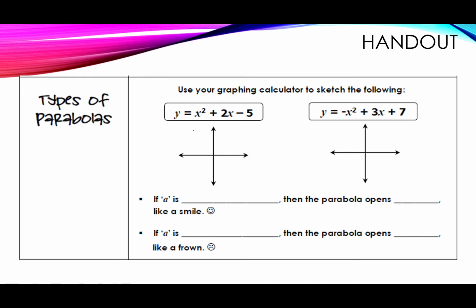What you can see is that it looks something like this. It's a little bit off center from the y-axis. If you can't see it, you can go into zoom, and it's the very top middle button, zoom, and hit 6 standard, and it will reset your graph there, and you'll be able to see the graph.